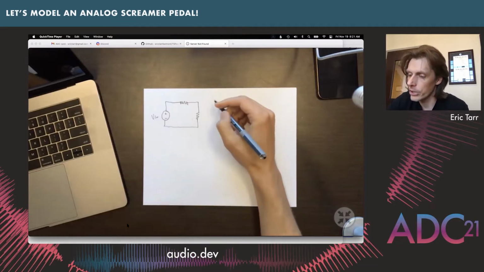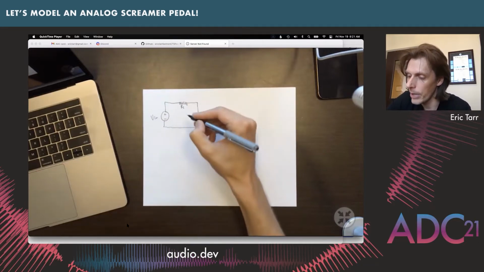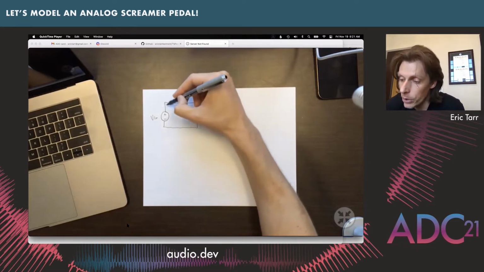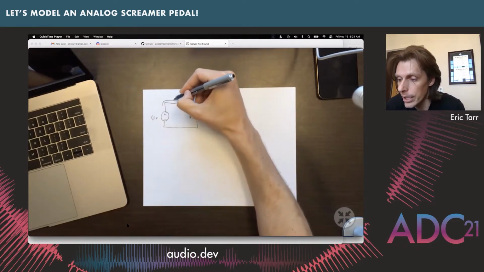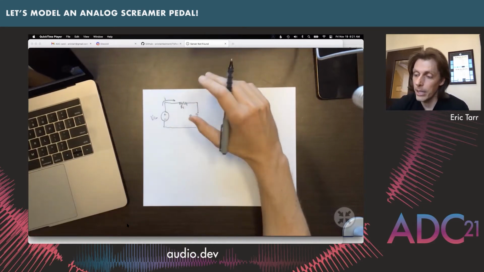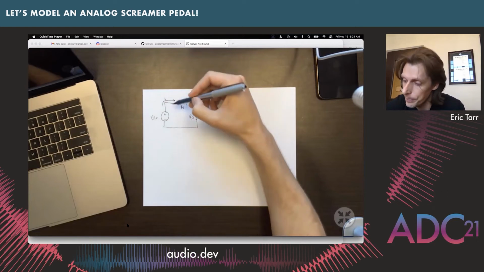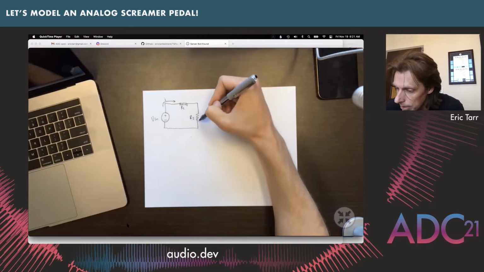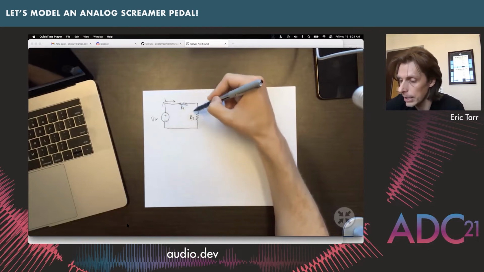So here's our circuit. We have resistor 1 and we have resistor 2, like this. And we're going to have some current that flows through the circuit like this. That'll be our I. An important one to note in this case is that we will have the same current going through this entire loop of our circuit like this.